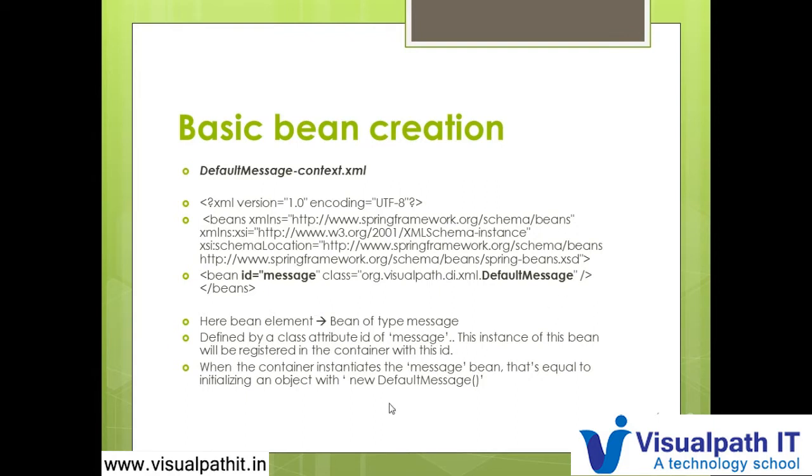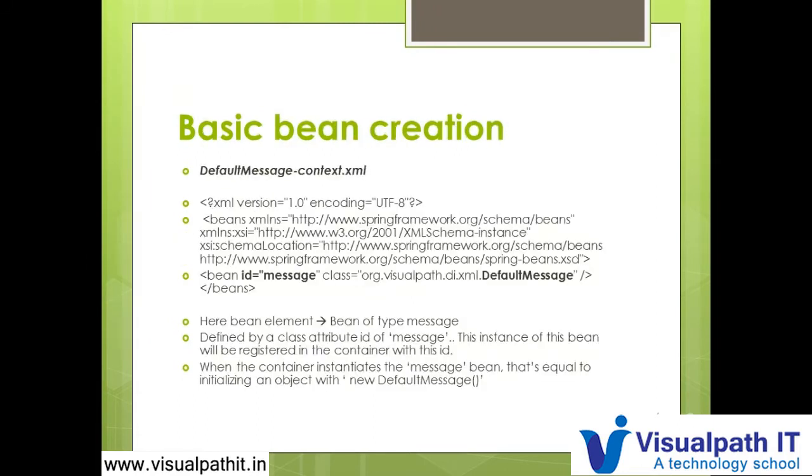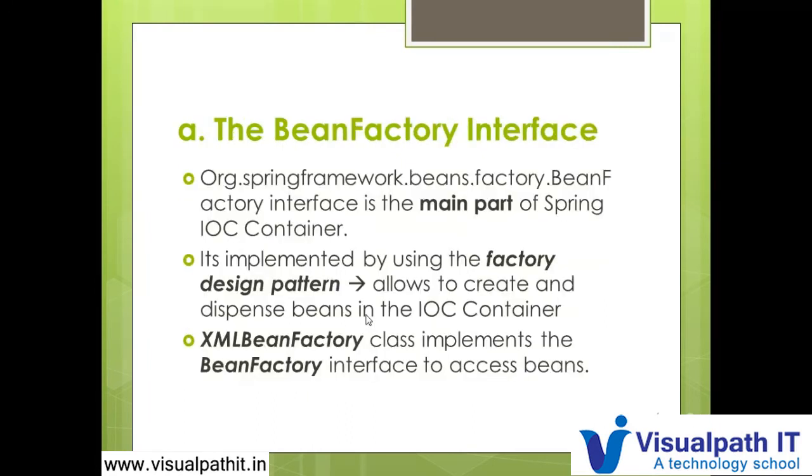When the container instantiates the bean with ID message, that is equal to initializing an object with new DefaultMessage. In Java we use the new keyword for creating a new instance. Here, as soon as the container sees this bean id equal to message, it initializes an object with new DefaultMessage.